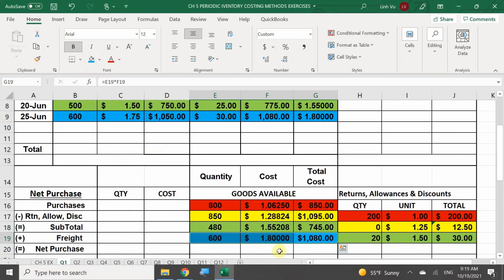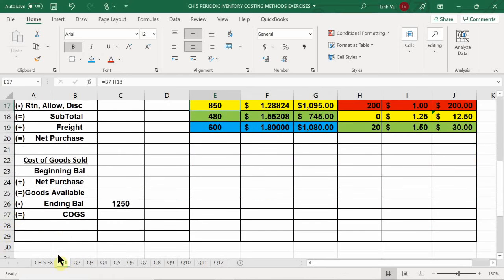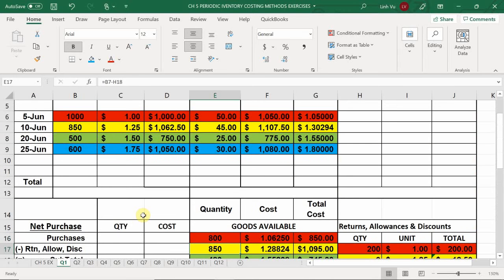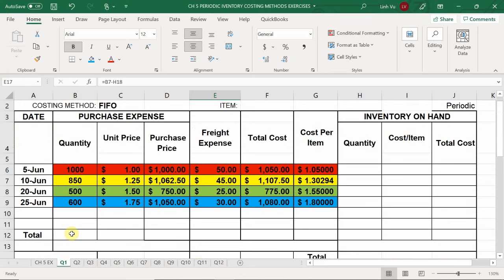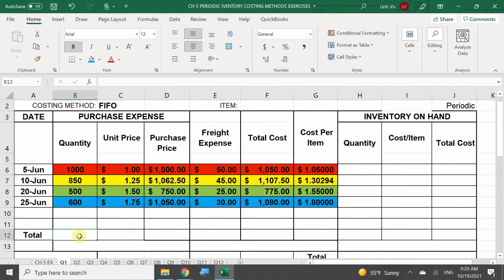Okay, so now because I'm given this little note here that on June 30th I end up having 1250, therefore, we need to go ahead and prepare and tally up our total. So in this case, what was my grand total of purchases?